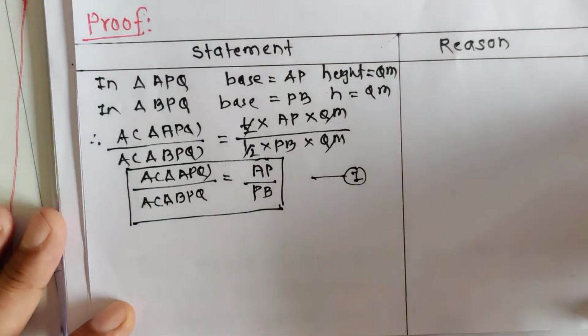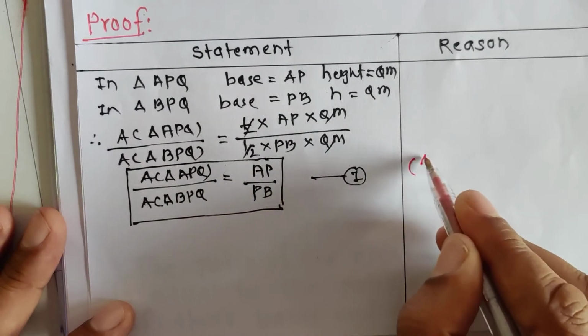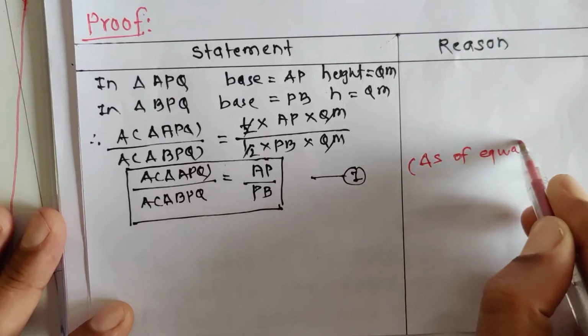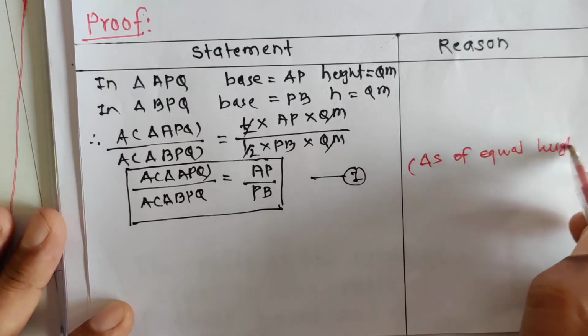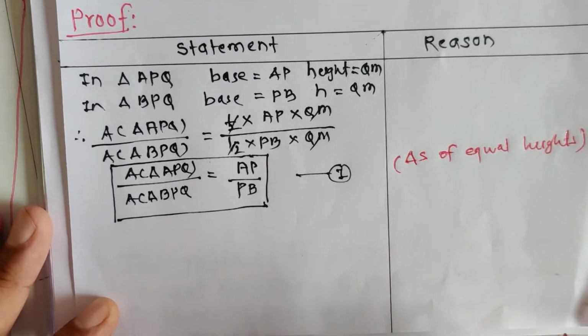And which property do we use here? Triangles of equal heights. So either write the total property, the ratio of areas, or we can write the reason like this: these are triangles of equal height.